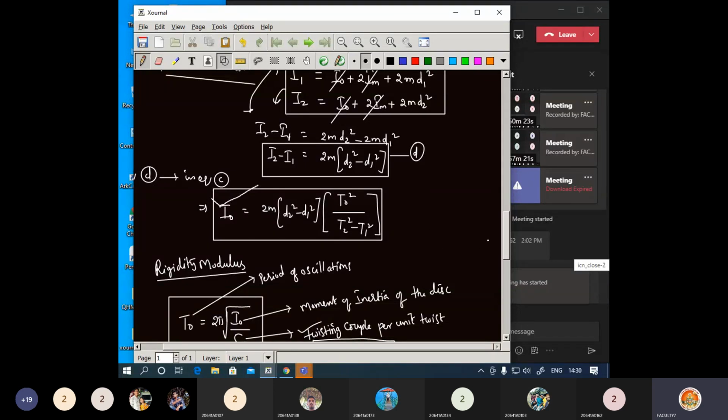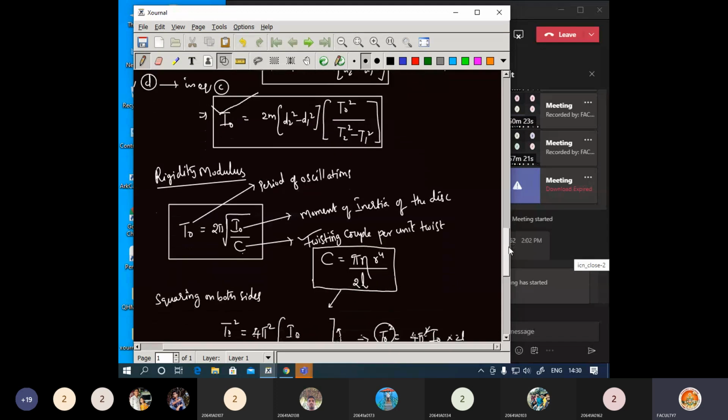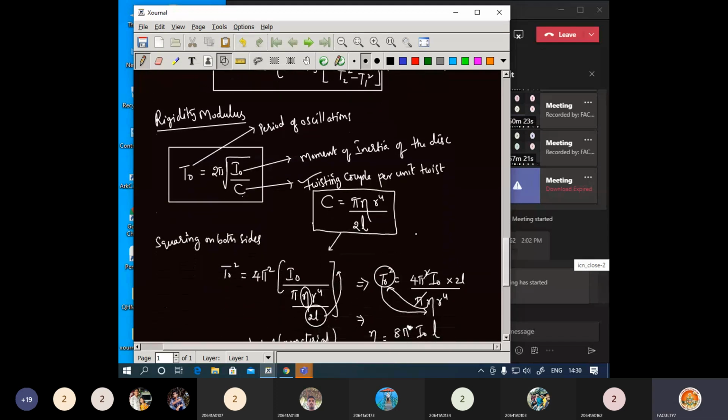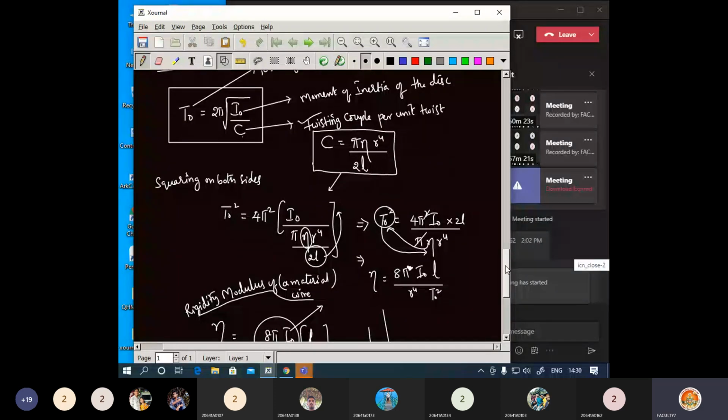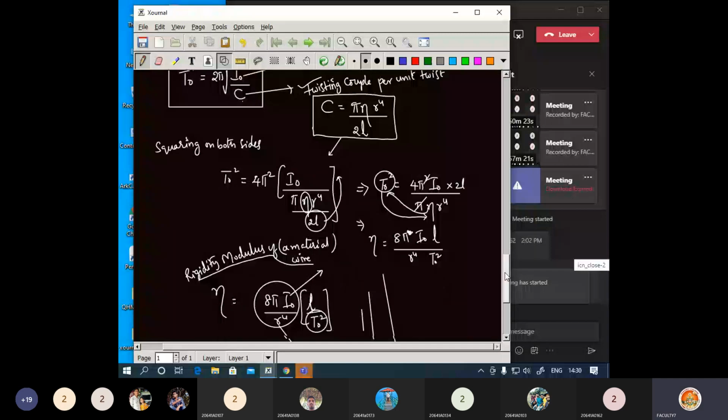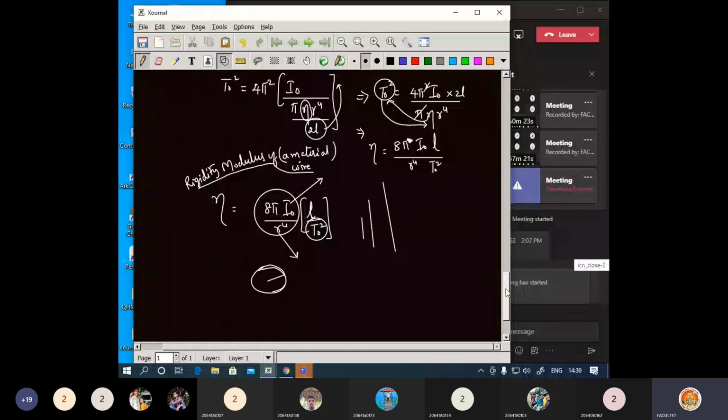Then we converted the expression into the rigidity modulus with simple mathematics, using the case without any extra masses on the disk. So these are the two applications of the torsional pendulum.